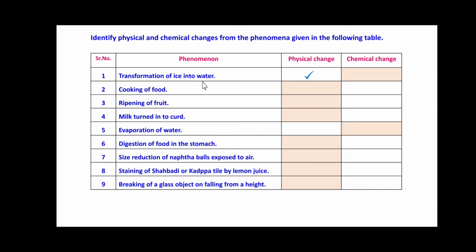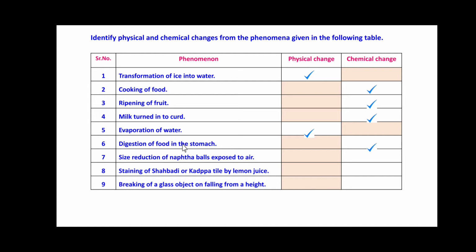This is a physical change. Second, cooking of food. It is a chemical change. Then ripening of fruit. That is a chemical change. Milk turned into curd. That is again a chemical change. Evaporation of water. That is a physical change.